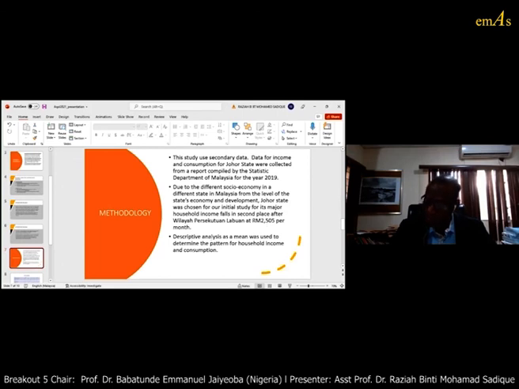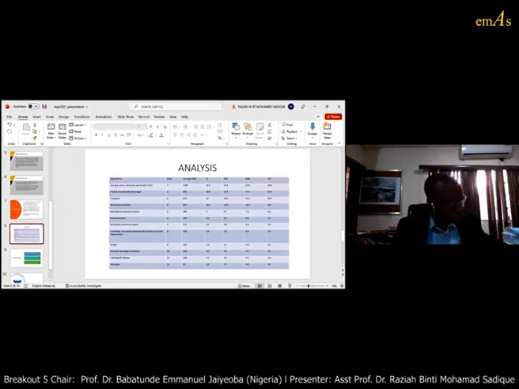It is only descriptive analysis, so we use the mean to determine the pattern for household income. This is the result of the analysis that we obtained from the statistical department. We compared three groups: B40, M40, and T20.